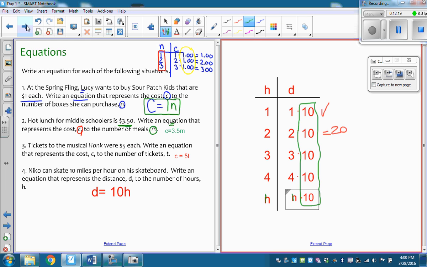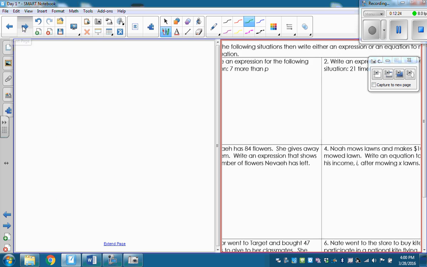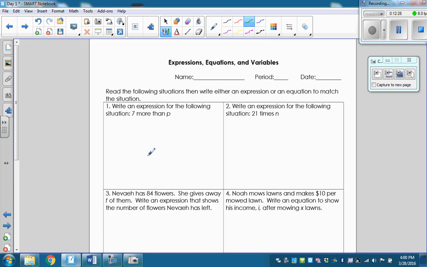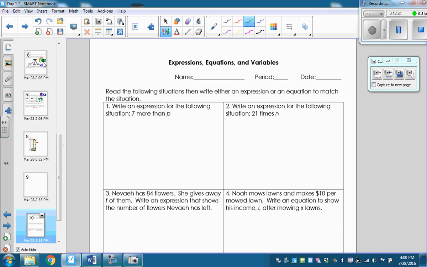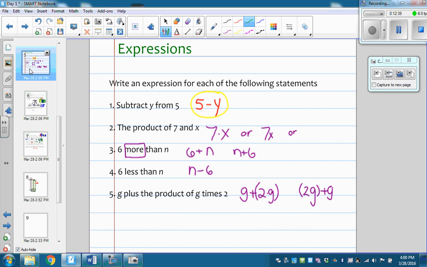So your job today is to do the same thing on this worksheet, your homework tonight. You're going to write expressions for some of these situations, just like we did in class today, expressions.